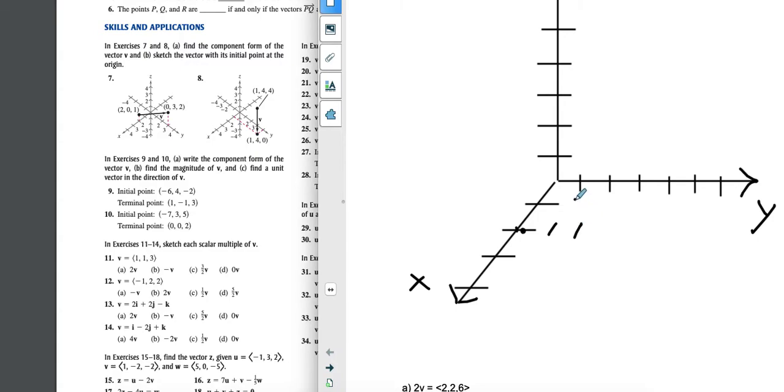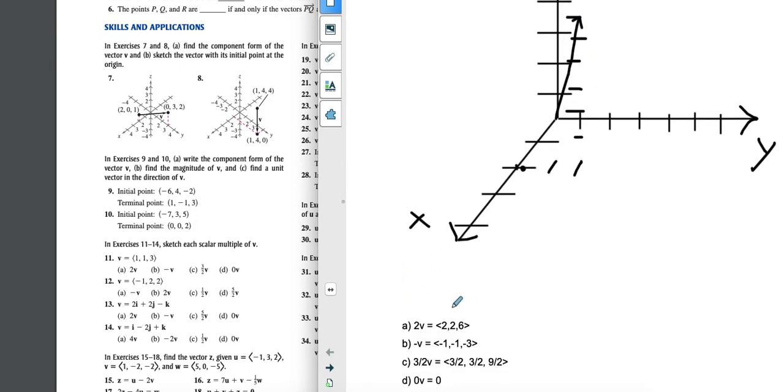So about 1, 2, 3, 4, 5, and 6. So this vector would go from here up to that last little line I made. That would be this first vector, 2, 2, 6.